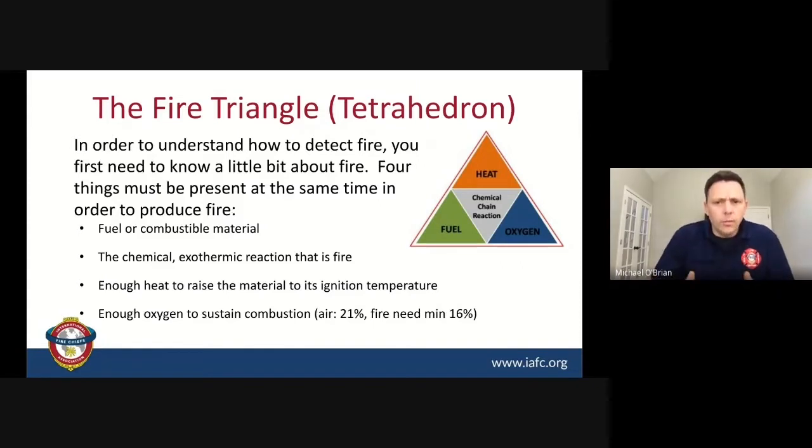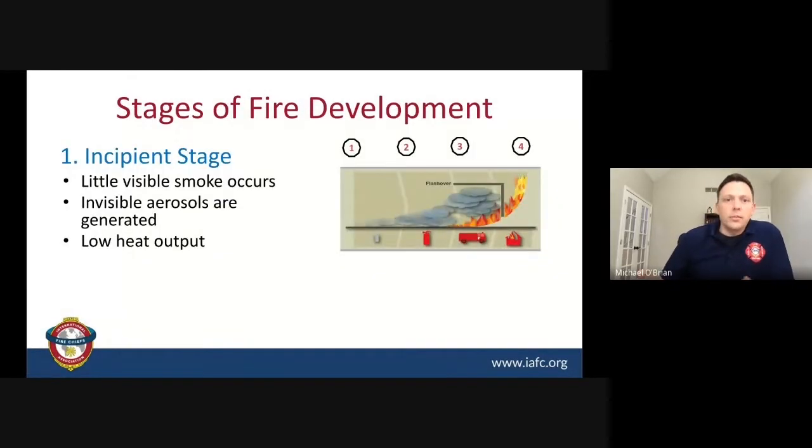But really, when we think fire prevention, one of the basic components is never allowing the process to get there. So if we have an open flame source, we don't want storage near it, or we want to remove a fuel source.